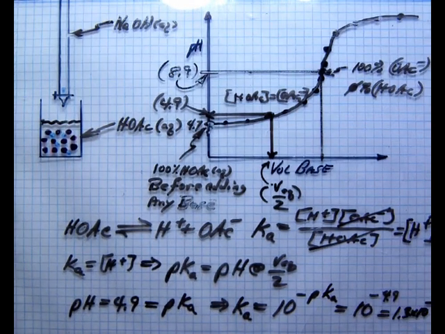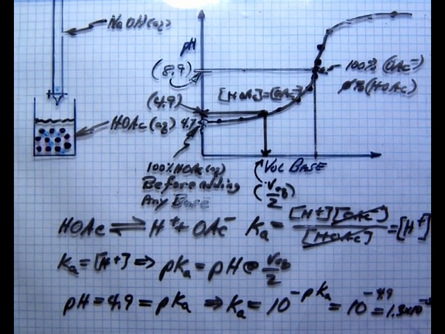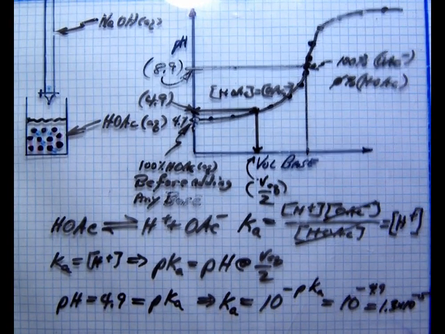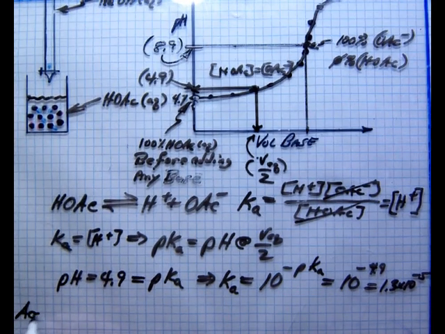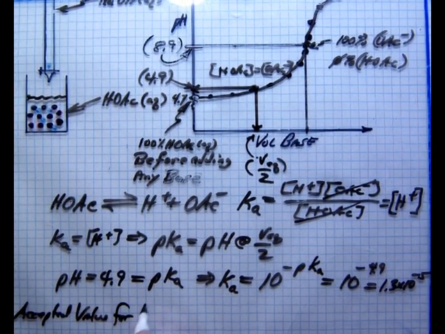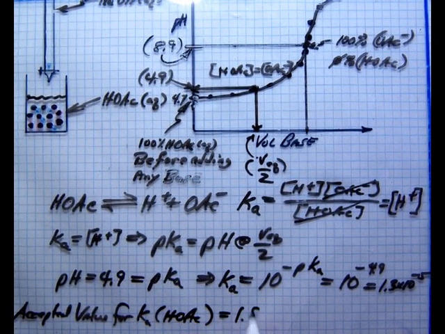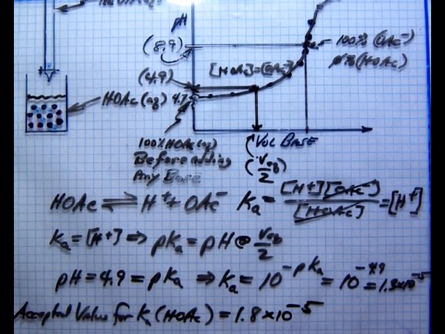And so this gives us 1.3 times 10 to the minus 5, pretty close, and the accepted value is equal to 1.8 or 1.75 times 10 to the minus 5.